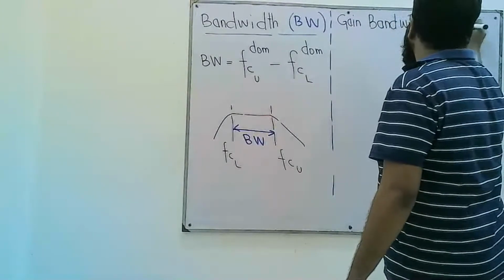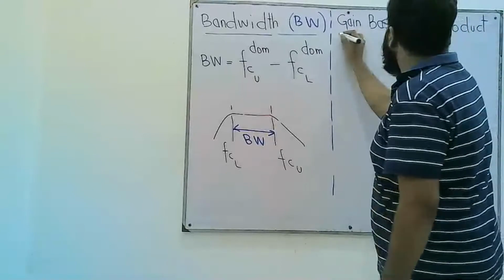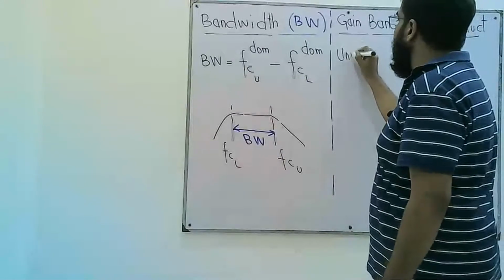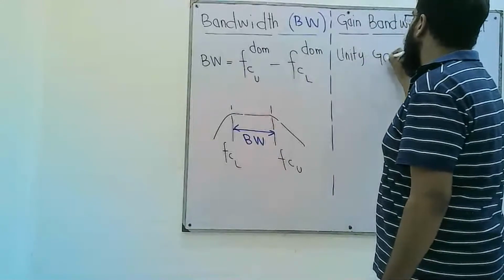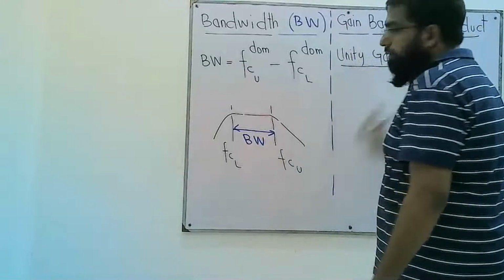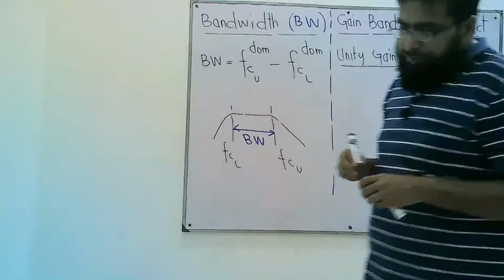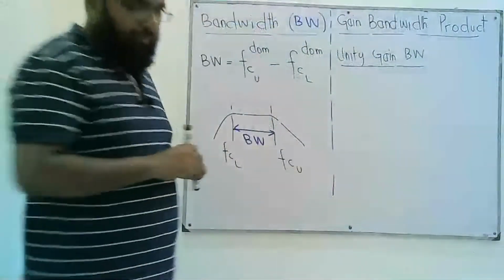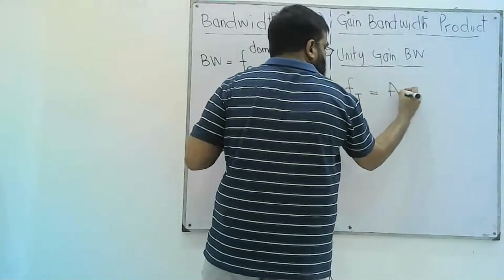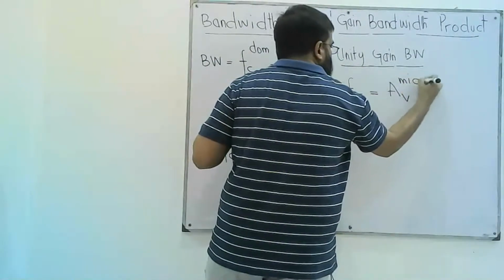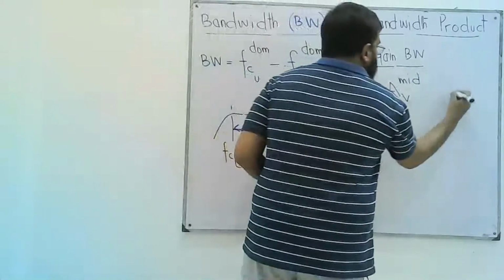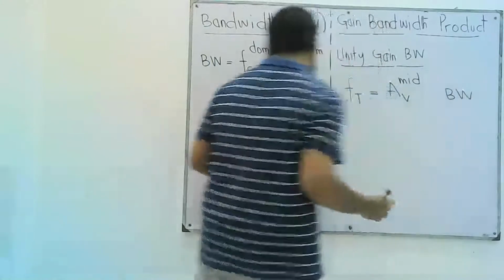It is the product of the gain with the bandwidth. To understand it better, you have to study unity gain bandwidth first. Unity gain bandwidth Ft is the constant gain that we obtained using midband times the bandwidth.